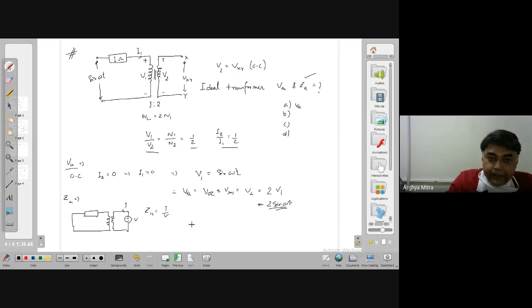Now this is 1 ohm. This is the current I1 which is flowing in this. So what will be the relationship between I1 and I? For that I need to find out the relationship between I2 and I. I2 is flowing out of the circuit, isn't it? In a transformer, the current flows from the secondary winding to the load side terminal.